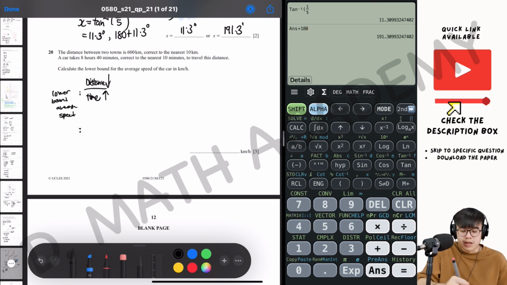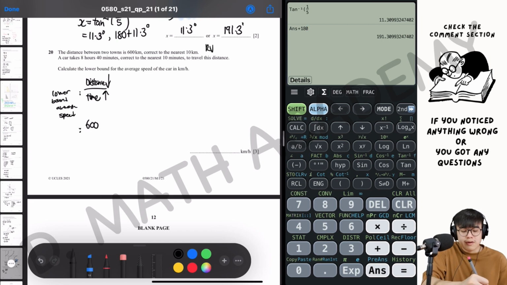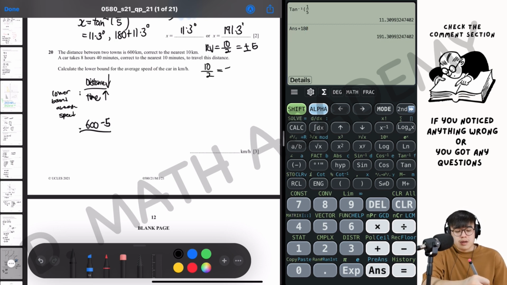So from this, our distance is actually 600. The rounding value of it is 10 divided by 2. You must decide whether to plus or minus 5. Since we wanted the lower one, I must minus 5 from it. As for the time, you must plus or minus 5 minutes. The time that we used was 8 hours and 40 minutes.